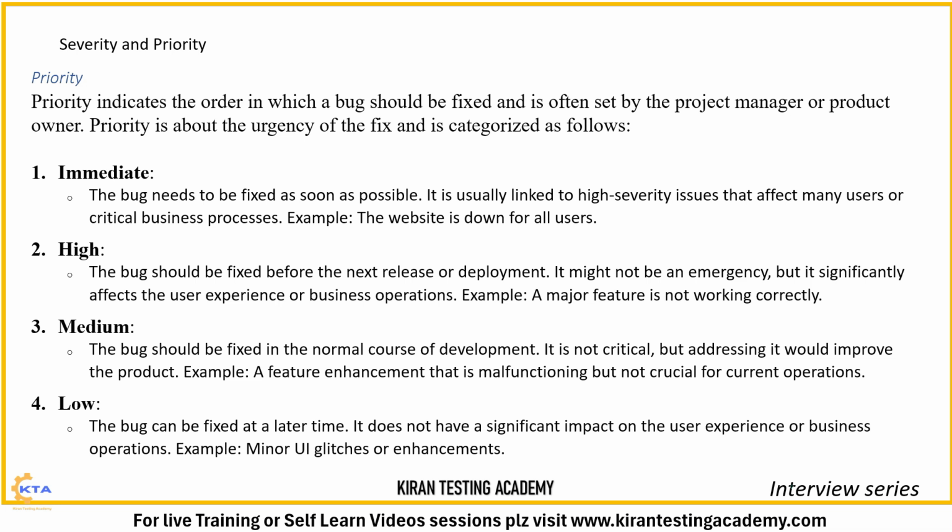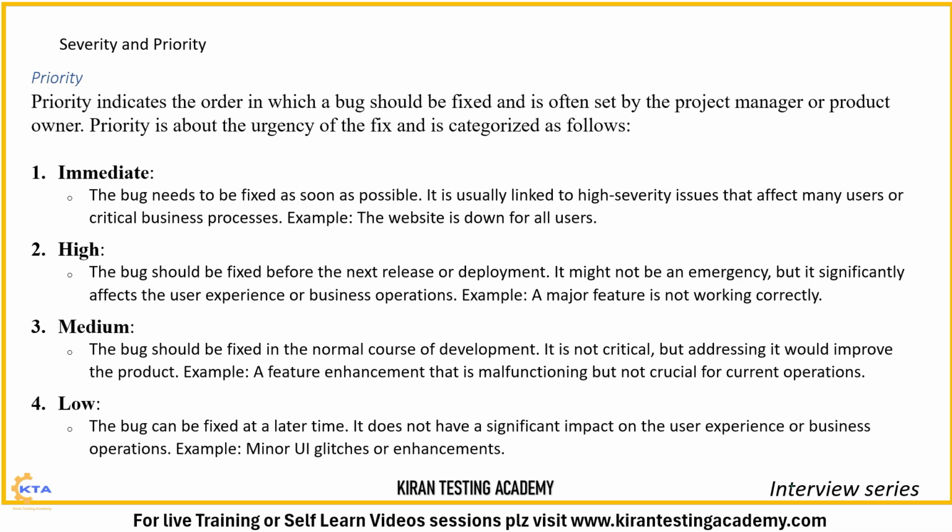The developer will try to fix the high priority bugs as soon as possible. If you say that this bug is really needed by you, then we give it high priority, meaning immediate.